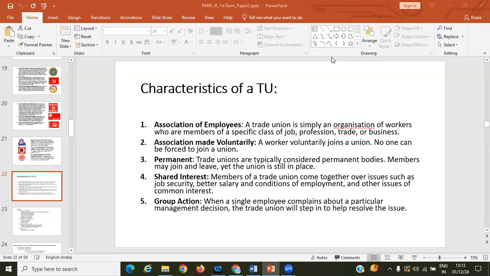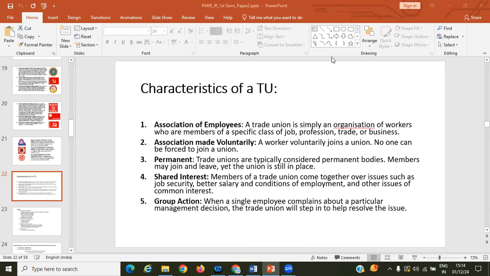For example, you are feeling a lack of job security. You may work today, you may not work tomorrow. That is the problem in your organization. It doesn't mean that only you have it. So many people will have the same problem, and the union will take care of that.